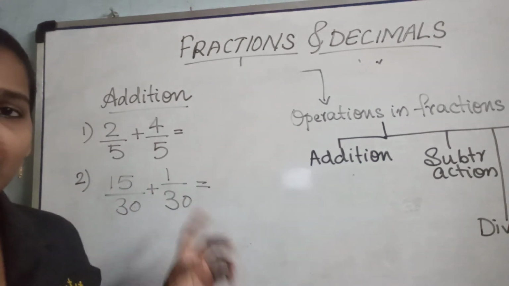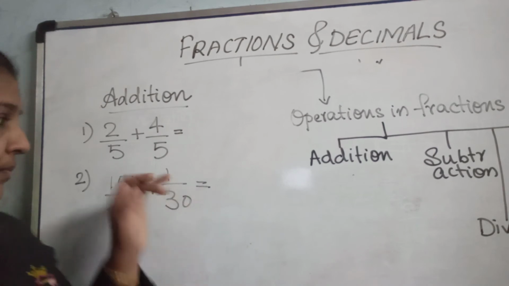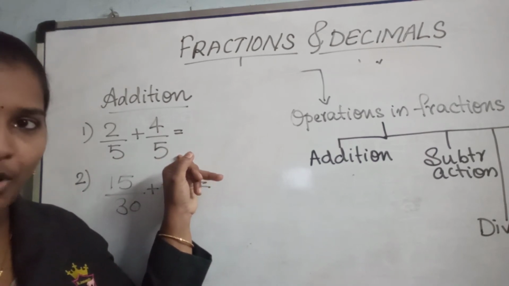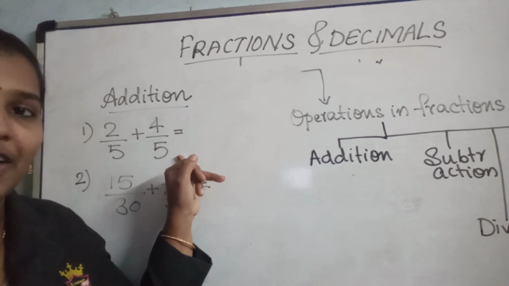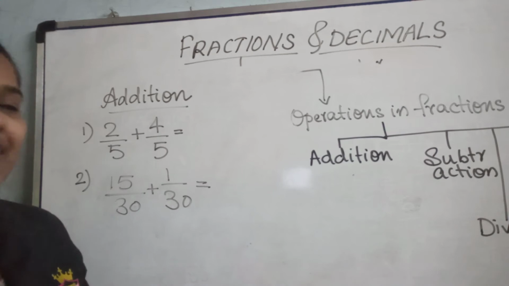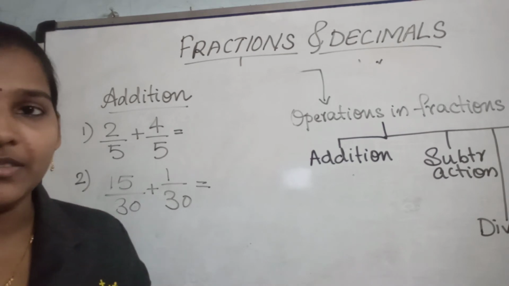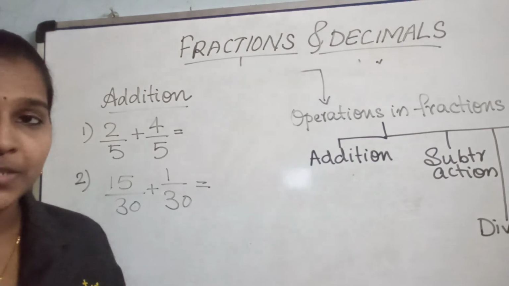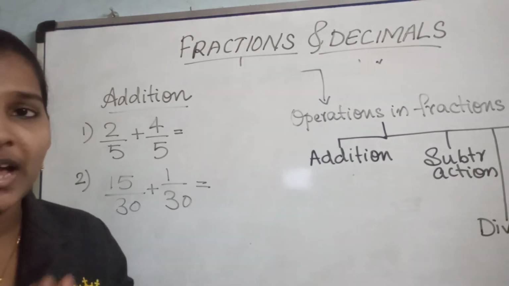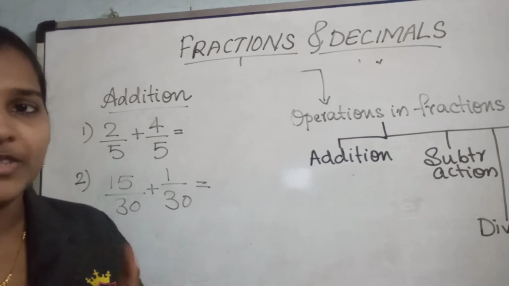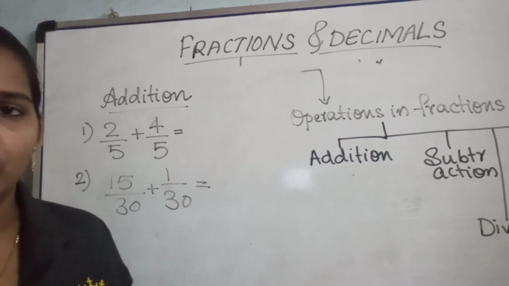Here these two fractions are like fractions because they have the same denominator. And unlike fractions are the fractions which do not have the same denominator, that means they have different denominators.